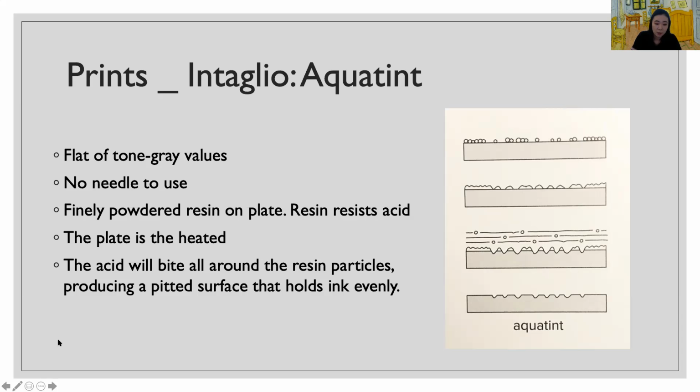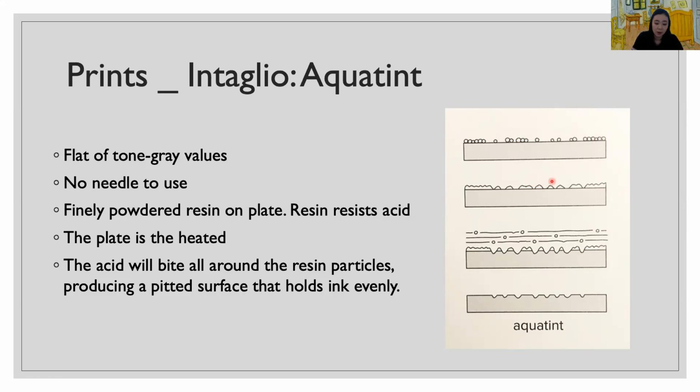So the artist first dusts it with a finely powdered resin. The plate is heated so that the resin sticks to it. The resin resists acid, so when the plate is immersed in acid, the acid will bite all around the resin particles, producing a pitted surface that holds ink evenly.